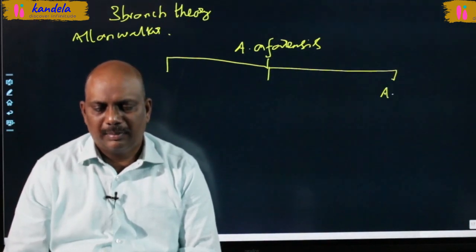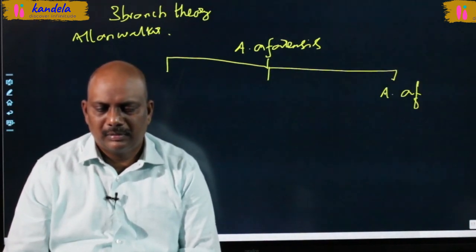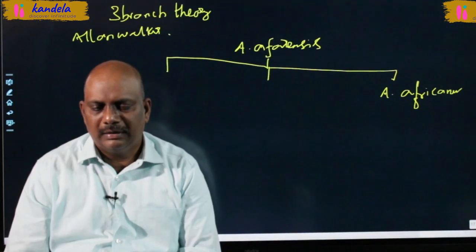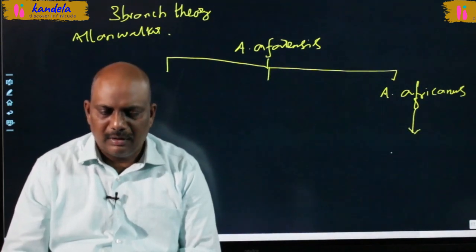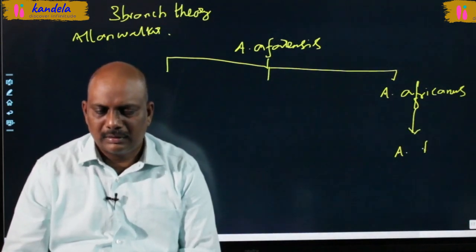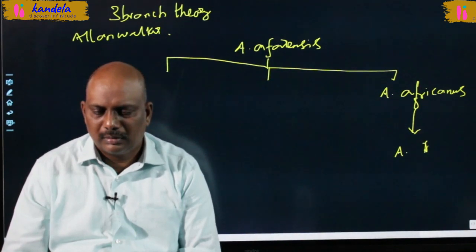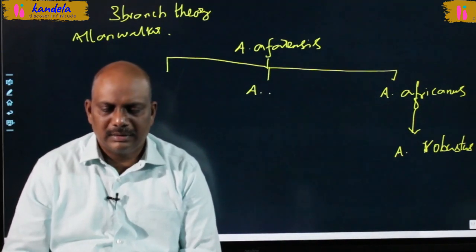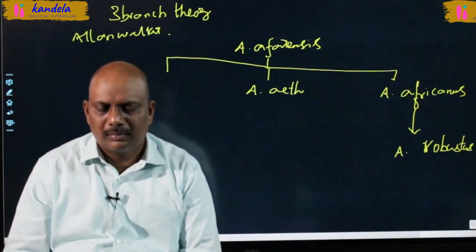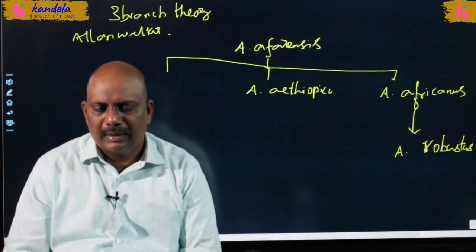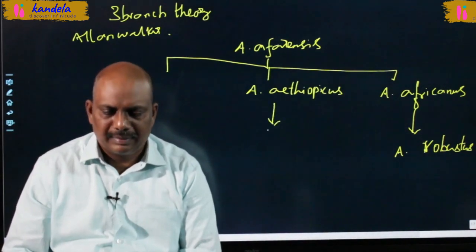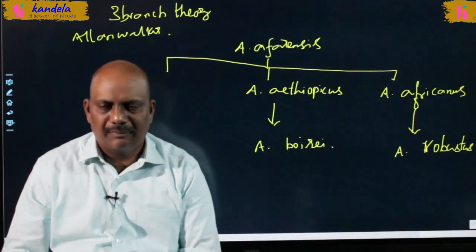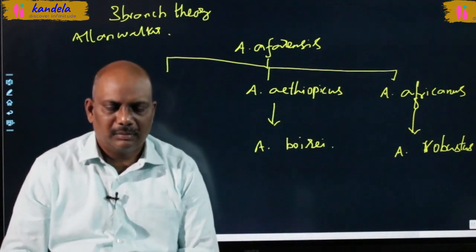One is Australopithecus africanus, which evolved into Australopithecus robustus. And the newly discovered fossil Australopithecus Ethiopicus, which evolved into boisei and our Homo line.